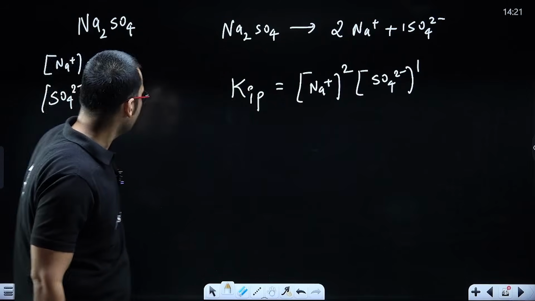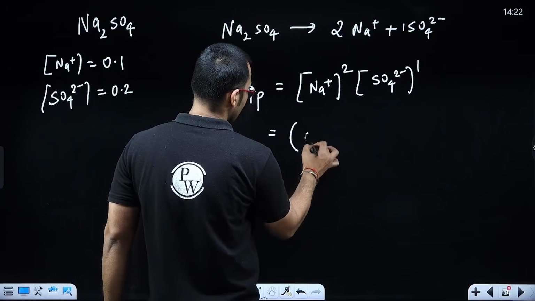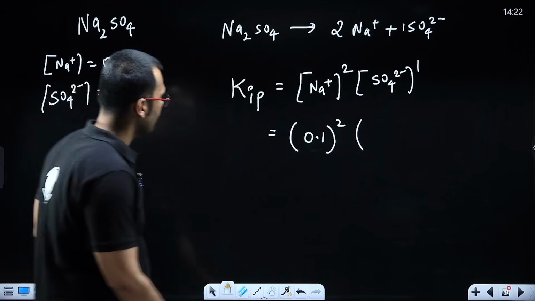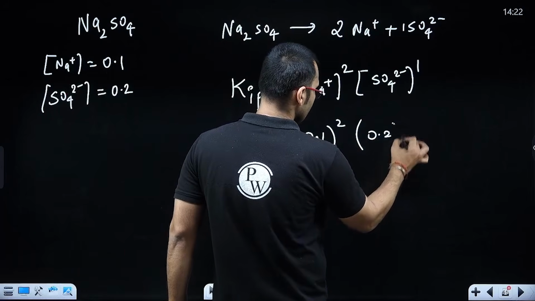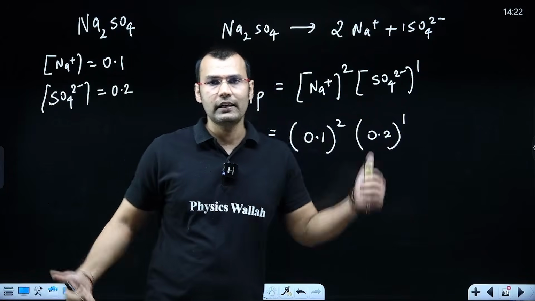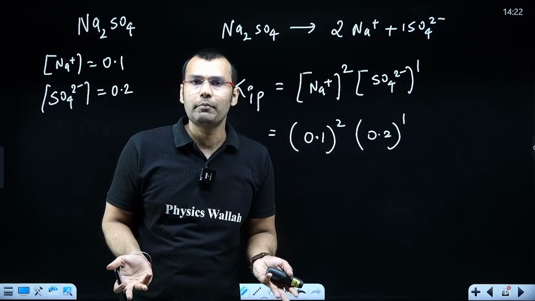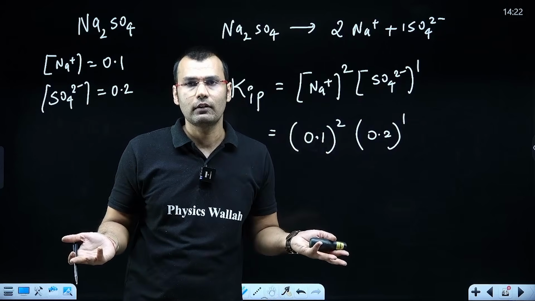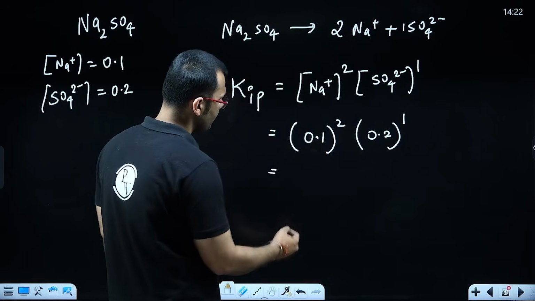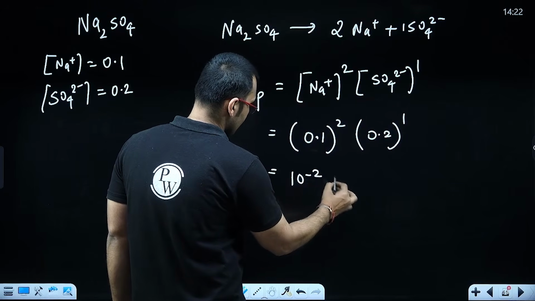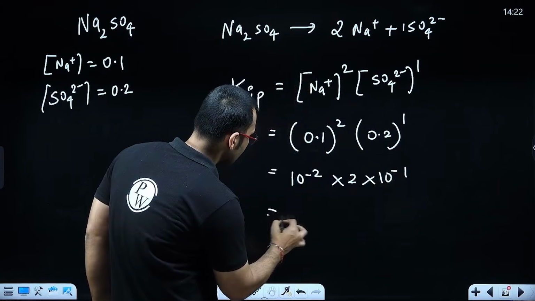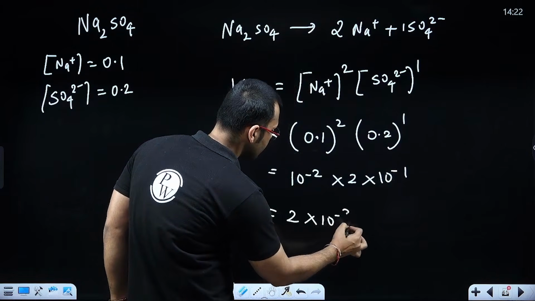If concentration of Na plus is 0.1, I write 0.1 squared. If concentration of sulfate is 0.2, I write 0.2 here. So you understood, right? If I know the concentration of ions of an electrolyte, anytime I can find KIP, the ionic product. In this case, 0.1 squared is 10 power minus 2, and 0.2 is written as 2 into 10 power minus 1. So finally it will be 2 into 10 power minus 3.